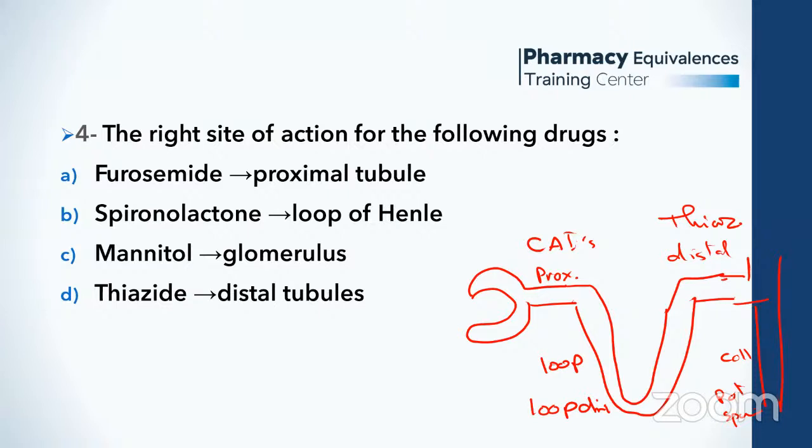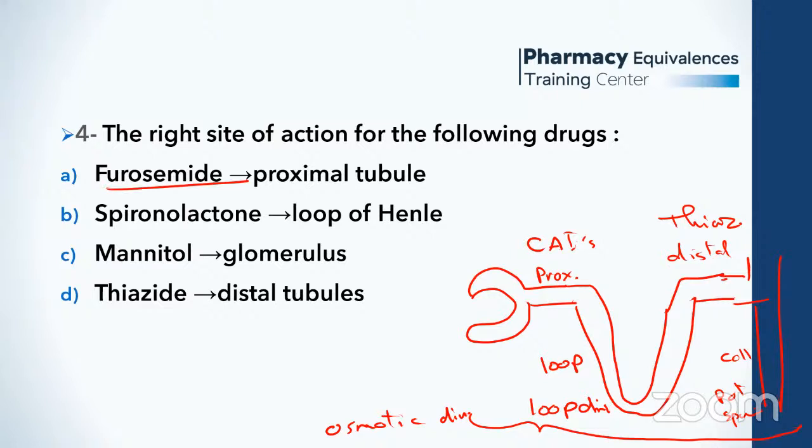Okay. Through all parts of the nephron, we have osmotic diuretics, which will act all over the nephron. So let us see the choices and then we can know the right answer from it.